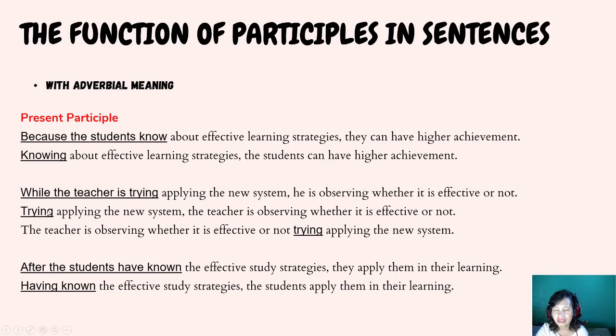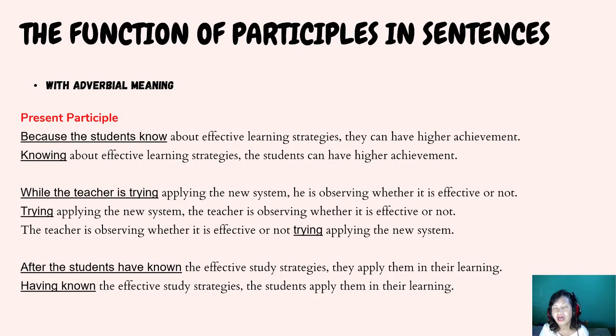Whoa, "trying, applying," confusing? Oh, I will explain it to you. "Trying" here is the present participle that shows the adverbial meaning, while "applying" is a gerund because it is put after the word "trying."